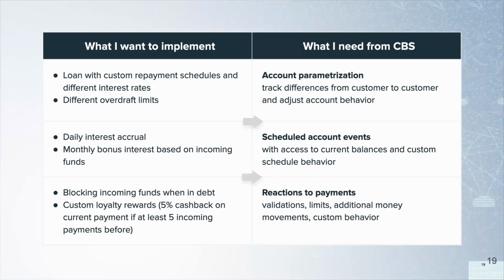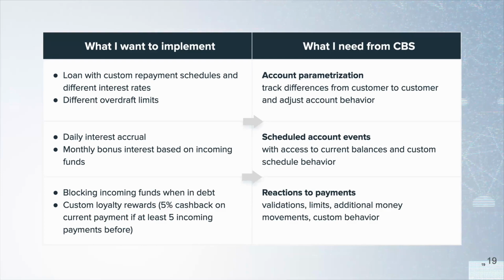And then lastly, if I am going to implement an account which, when new money is incoming, can block the funds in case the customer has an existing debt, or I have custom behavior related to payments incoming to or outgoing from the account, like, for example, I want to provide an immediate 5% cashback on a card payment if the customer fulfills some conditions, then I know that I need a core banking system that allows me to react to payments and define custom behavior for what should happen when there is a payment on the account.